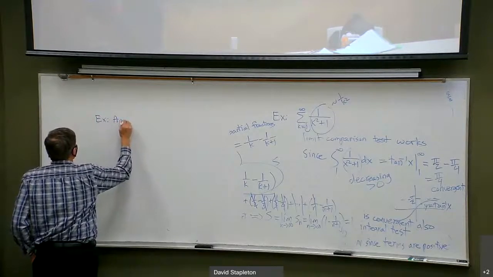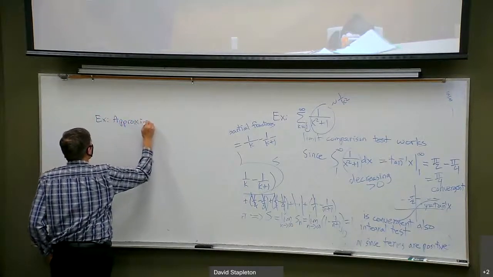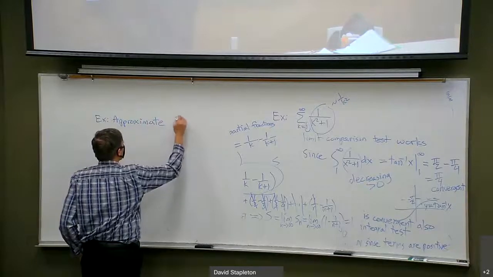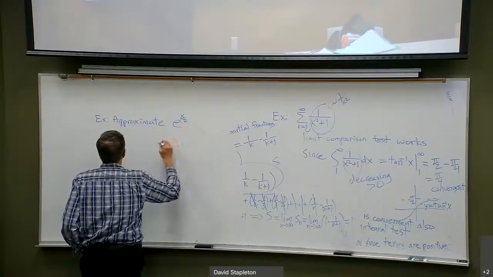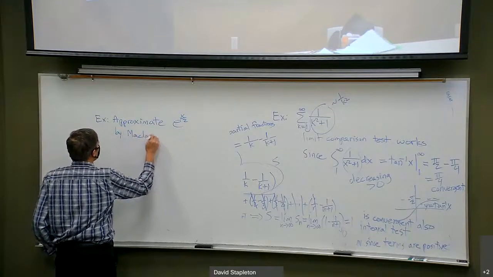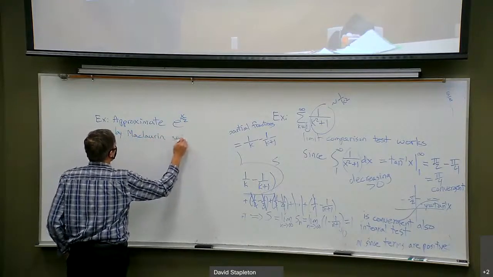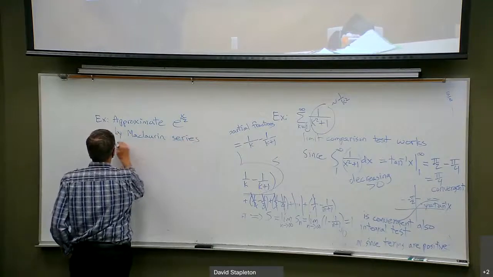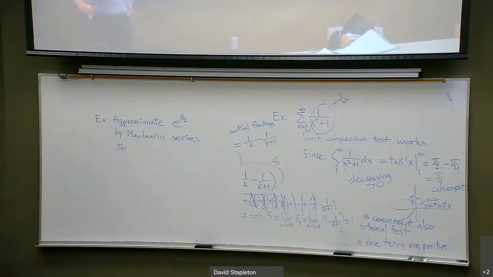Let's try and approximate e to the x over 2 by a Maclaurin series. I forgot how many decimal places accuracy it was.